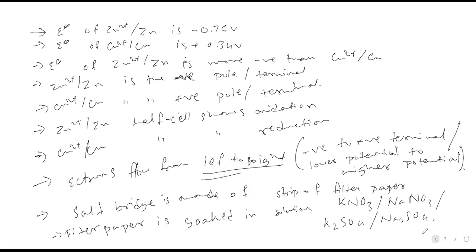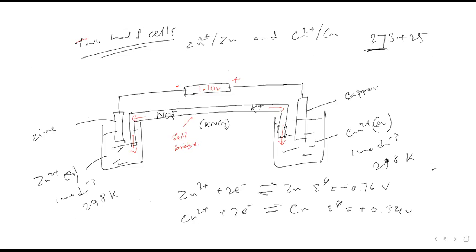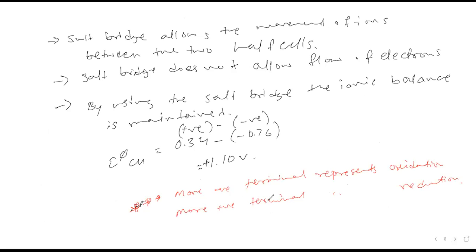How do we know which one of them is the anode and which one of them is the cathode? Now I'm describing that part. The information I've given here: the more negative terminal represents oxidation and the more positive terminal represents reduction.